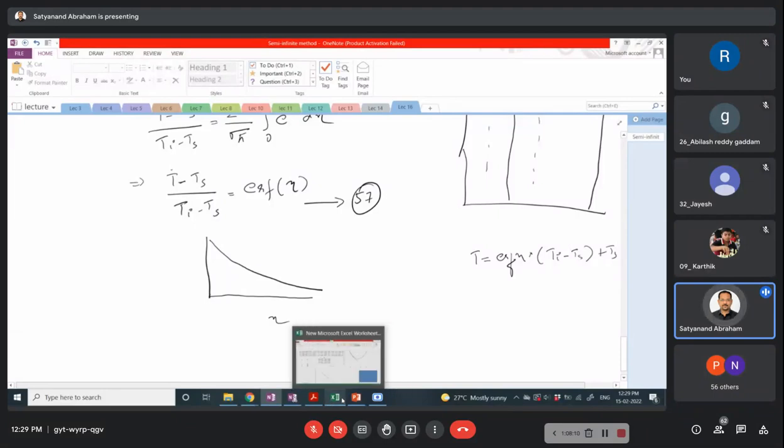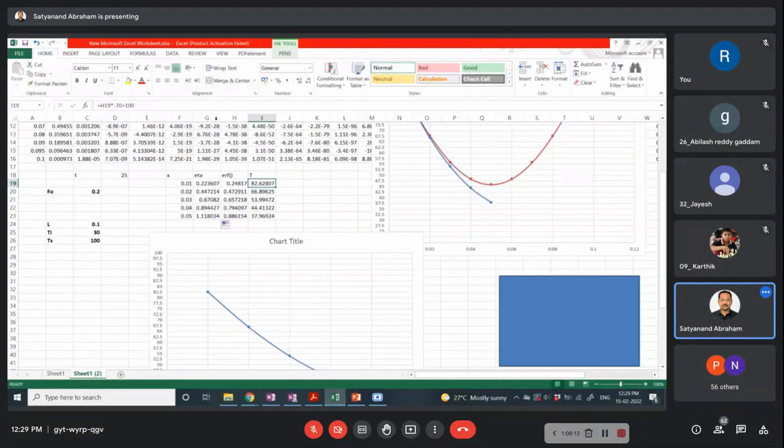That's what I have written over here. H19 means error function into (Ti minus Ts). Ti minus Ts is equal to minus 70, plus Ts, that is 100 degrees. If you do that, you will get the temperature at that location, 0.01.